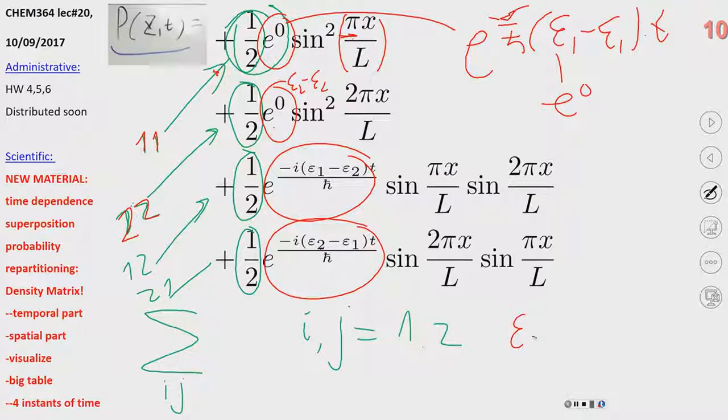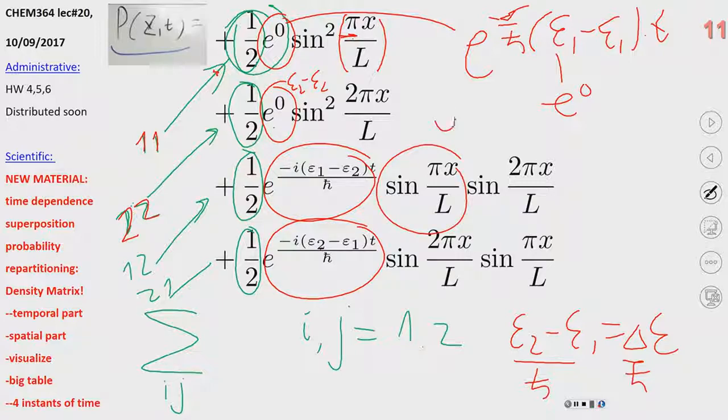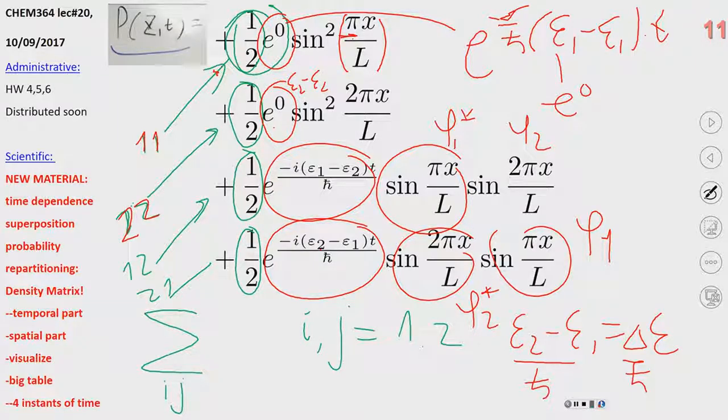You can call E2 minus E1 equals delta, multiplied by time and divided by h bar so that it has dimension of frequency; when multiplied by time, it will be a dimensionless argument. And here we have a product of wave functions phi 1, phi 2, and phi 2, phi 1, so sines of different powers.